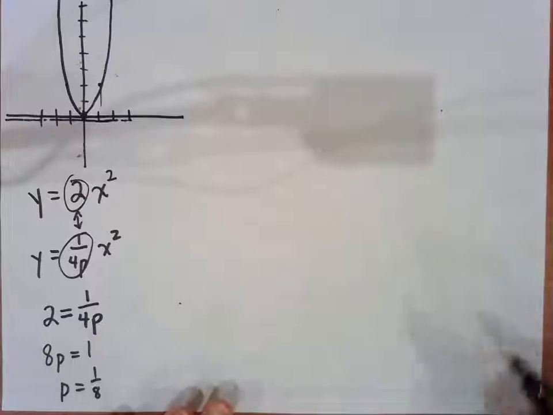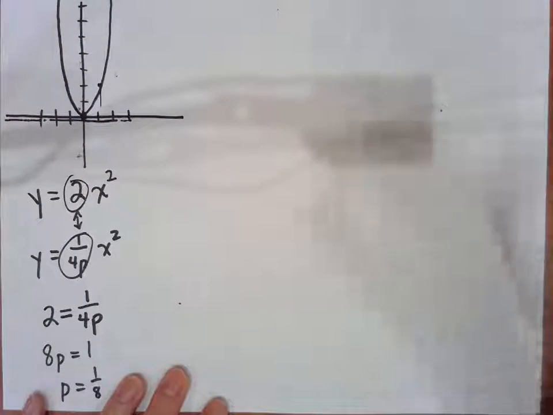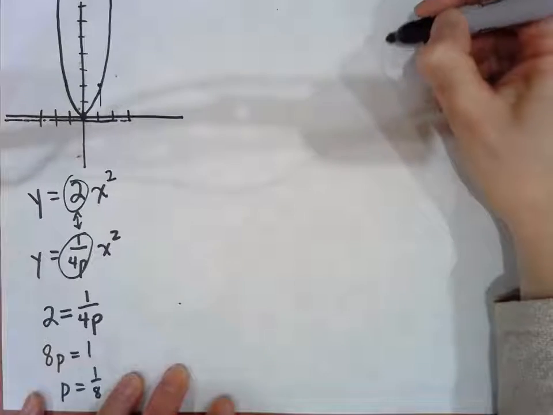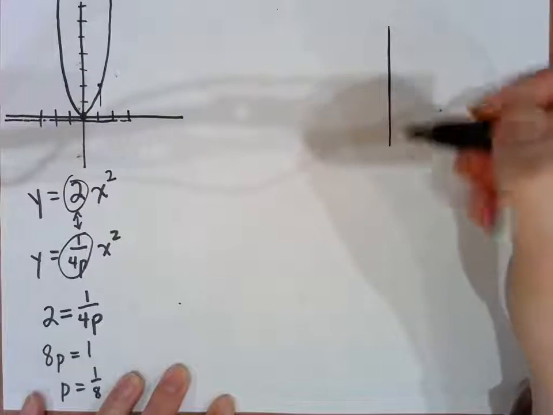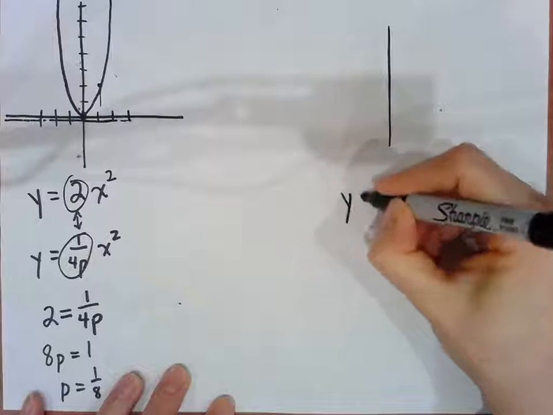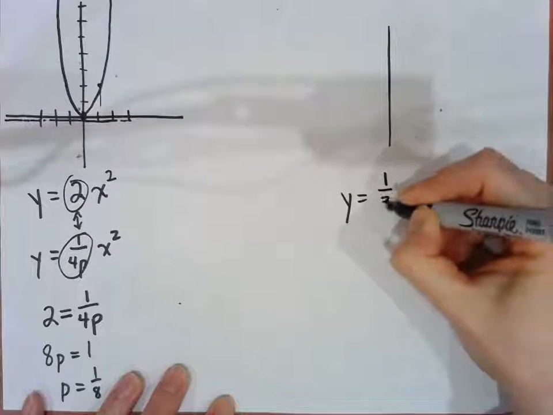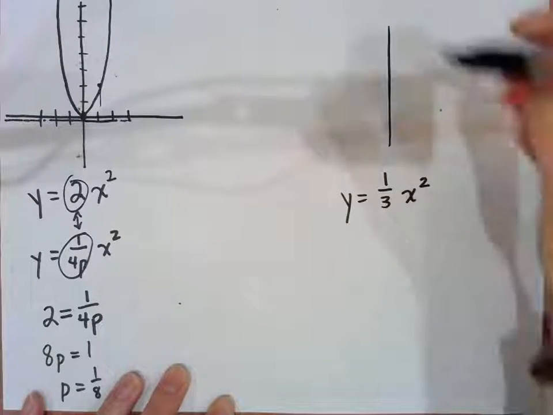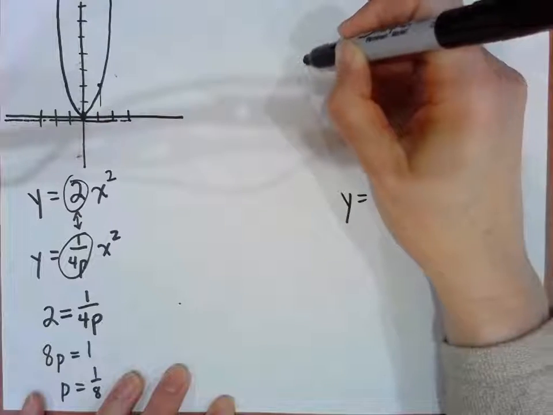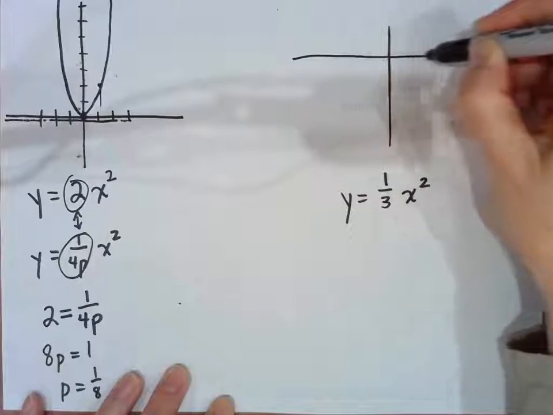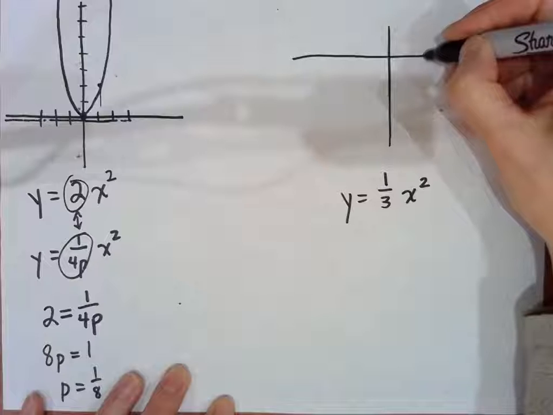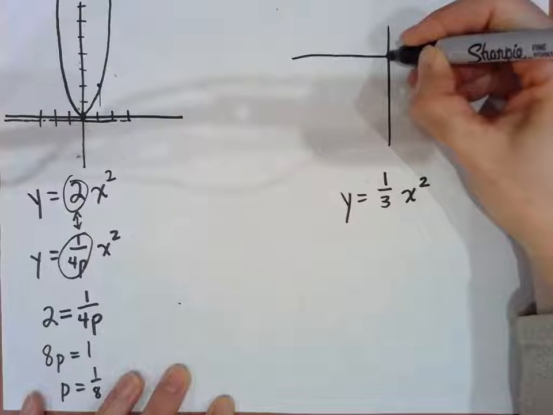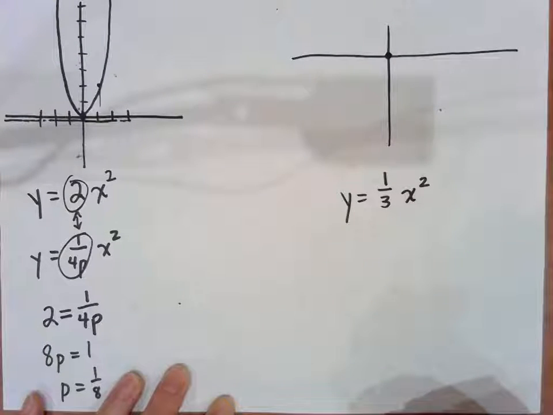You might also think about what if we had not this parabola but an upside down one. Let's say we have y equals negative 1/3 x squared. Okay, so 0, 0 is the vertex.